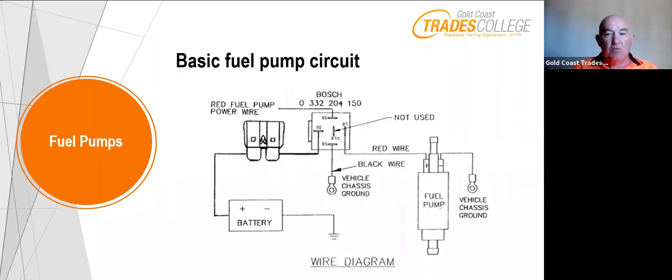So it has a wire running from the fuel pump to the chassis ground, which runs back to the battery. There's the relay, the numbers on it again, the fuse, top left, and the relay. And again, that's earthed or back to the chassis ground again.